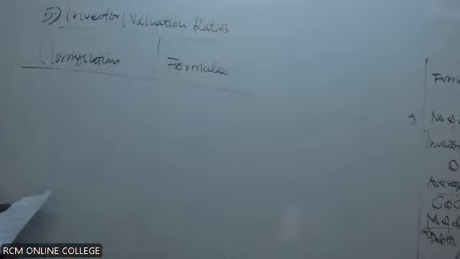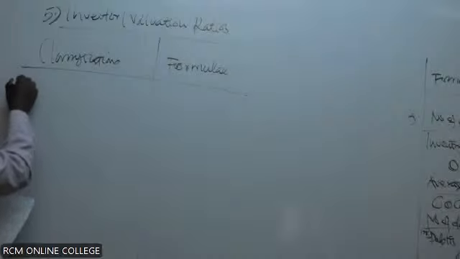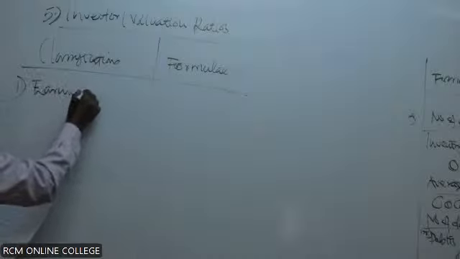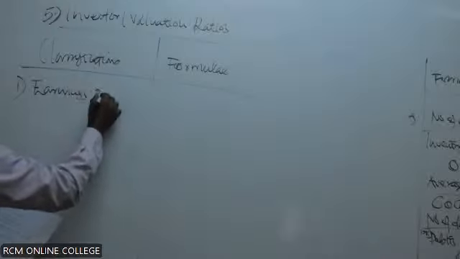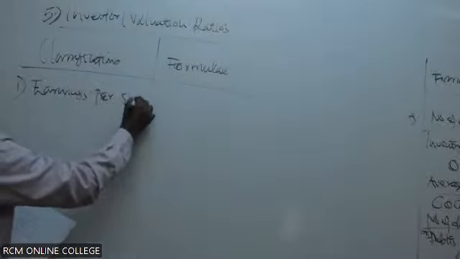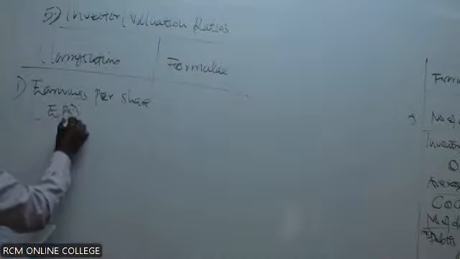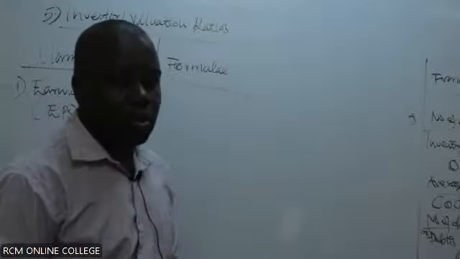The first one is earnings per share, sometimes known as EPS. What are the earnings you are getting for each and every share you have acquired, purchased or own in that company?